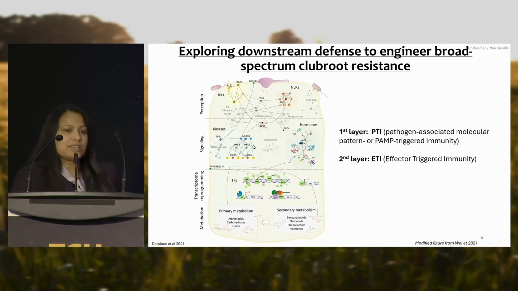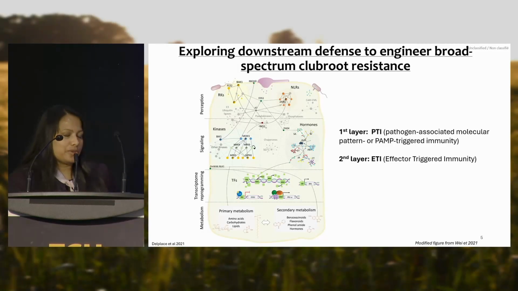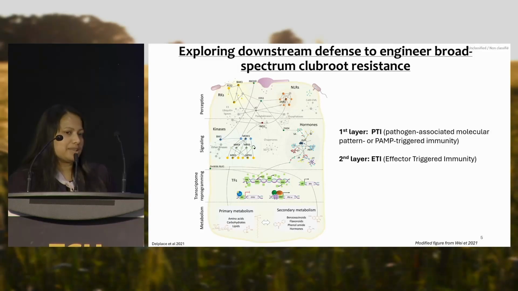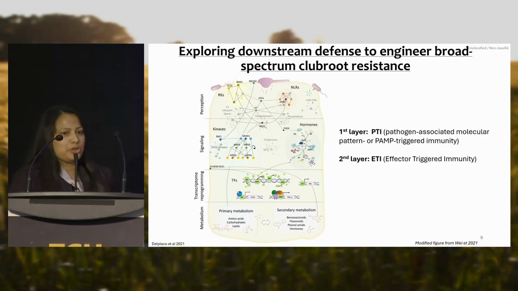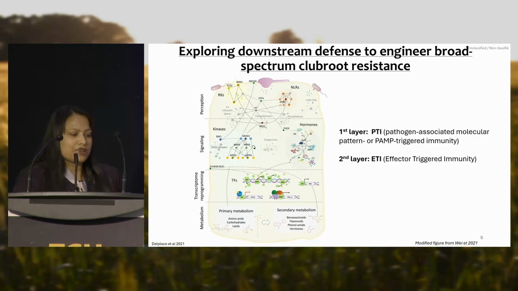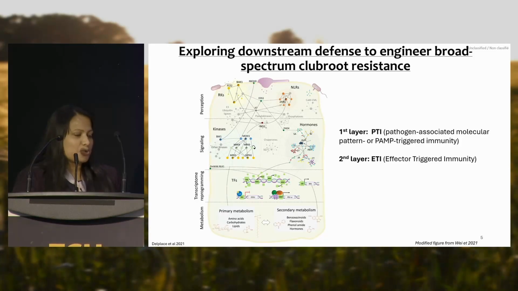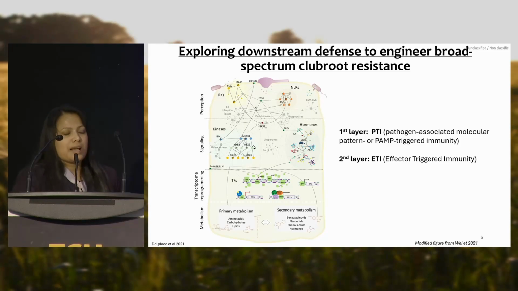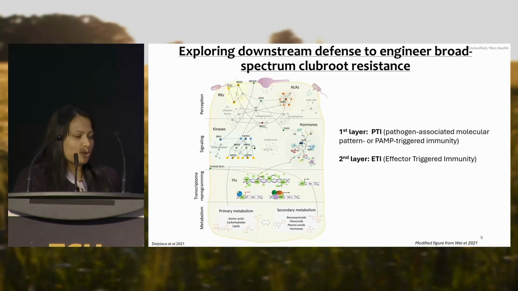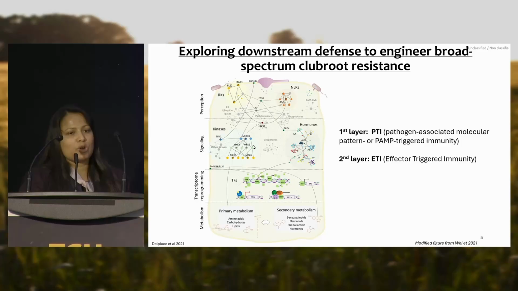If arginine is not enough, the next question is: how else do plants defend themselves against pathogens? We know there are two major layers of immunity. The first is PTI, which recognizes conserved pathogen molecules, and the second layer is called ETI.